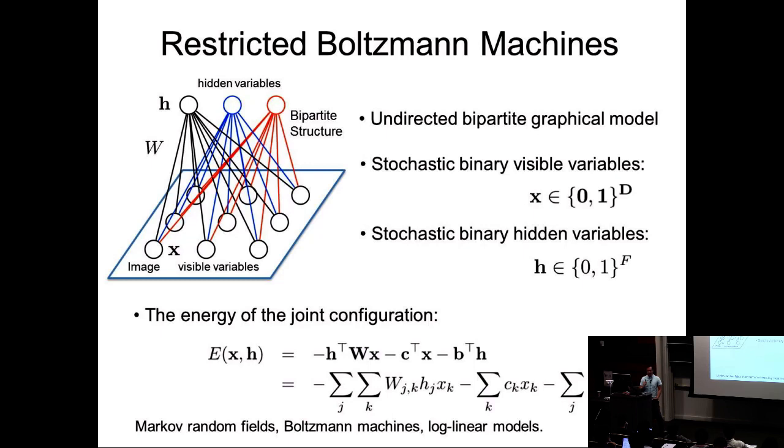And again, you can think of them as stochastic random variables, Bernoulli random variables. And I can specify the energy of the joint configuration this way. Okay, so here you basically have Wjk, right? This connection here, Hjxk. So this is modeling dependencies between every single pixel and every single hidden state.